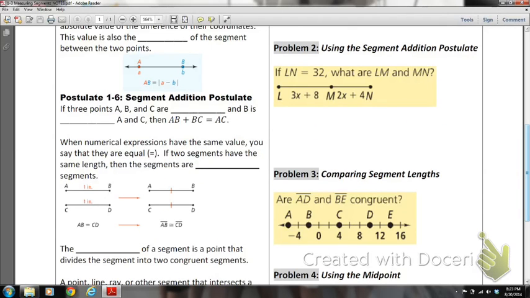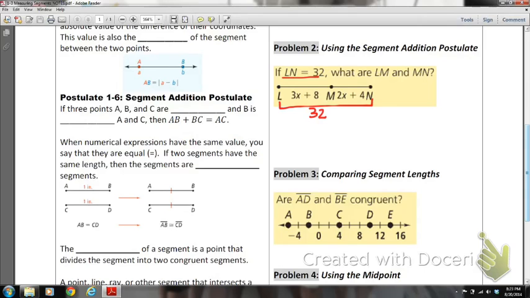Problem 2 is using the segment addition postulate. It says if the length of segment LN is 32, what are the lengths of segment LM and segment MN? So here I'm going to put on the drawing that it's given that the length of LN is 32.